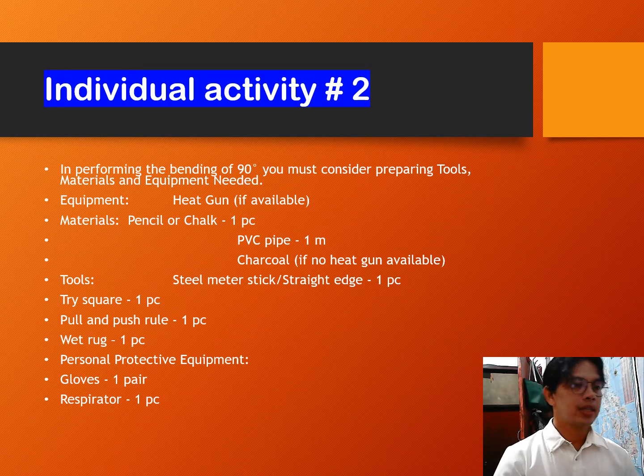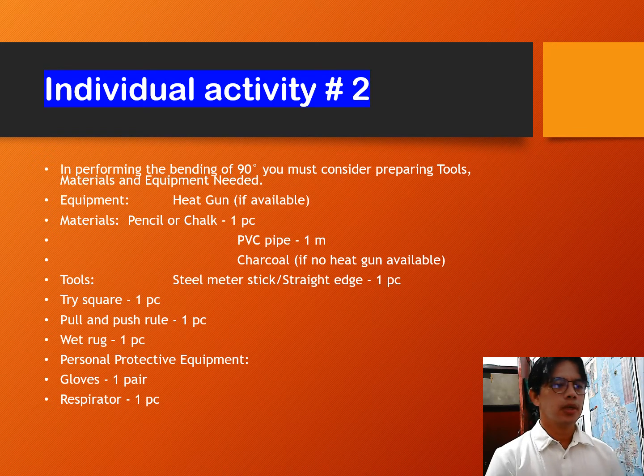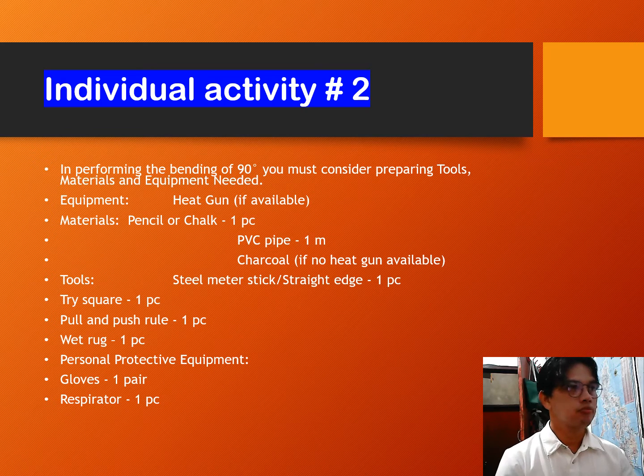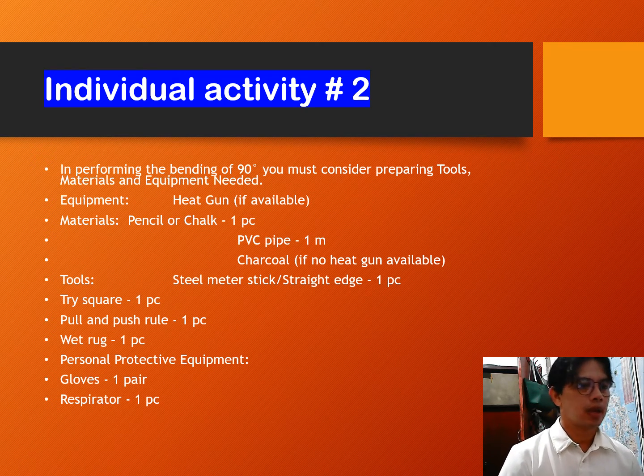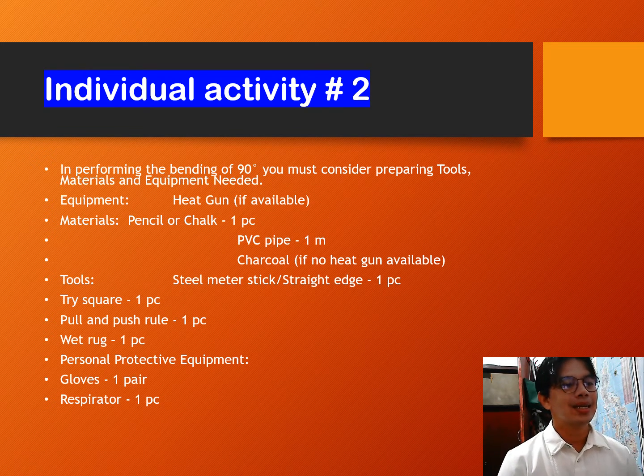So you have to prepare a heat gun, if available. If you don't have a heat gun, you have to use a butane torch or alternative equipment. You can use your gas stove. Pencil or chalk for marking of measurement. Steel meter stick or straight edge.